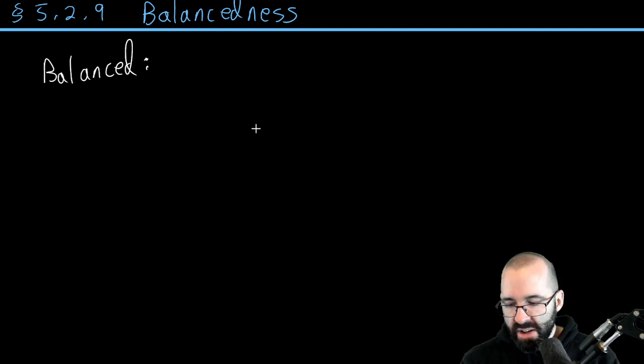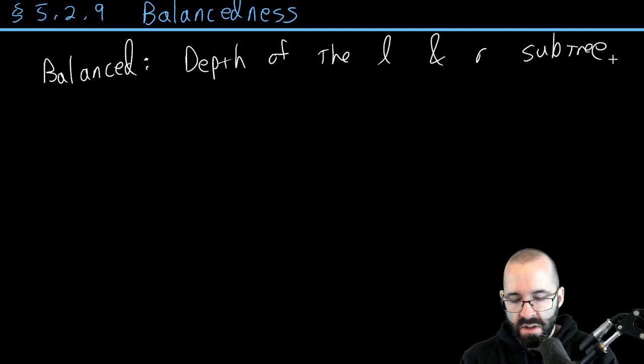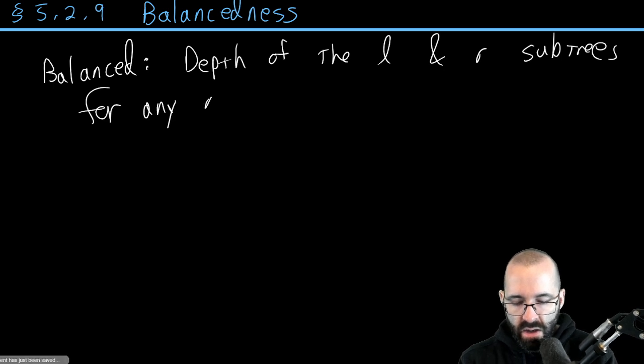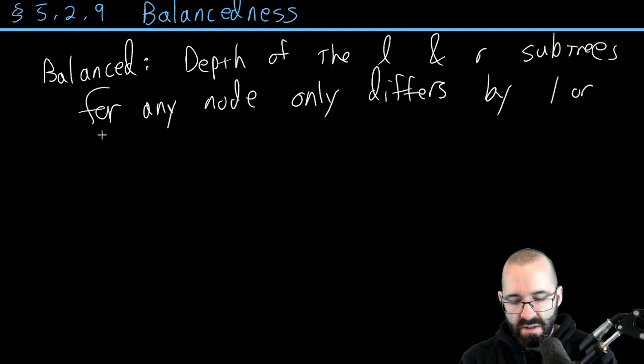One of the definitions for balancedness that we're not going to focus too much on is that the depth of the left and right subtrees for any node only differs by 1 or less.